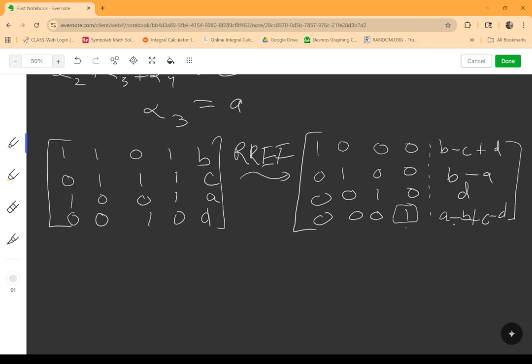This sum and difference of A, B, C, and D could be anything, even 0. That's okay, right? The only thing here is that I do not want to pivot here, and I don't get that. So the system is consistent for any values of A, B, C, and D. So yes, S spans 2x2 matrices. Now, is it linearly independent?